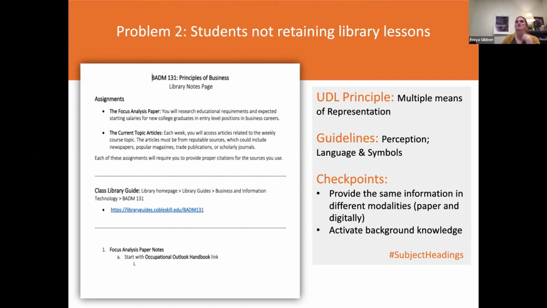So if you are usually just talking over a slideshow, another modality for them to perceive that information is a guided notes page, potentially something that they can hold in their hands and follow along.